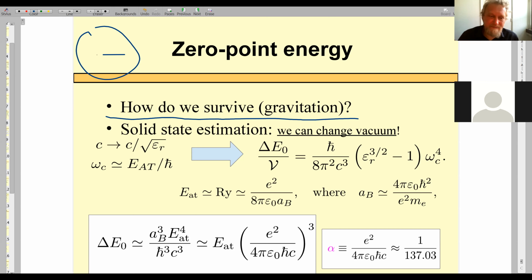I've mentioned that in order to utilize zero-point energy, we have to change vacuum. And talking about vacuum in general, it doesn't seem to be a realistic idea.